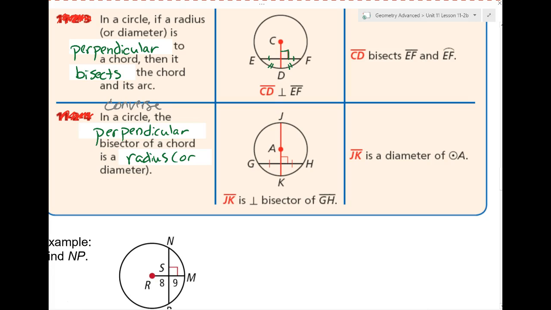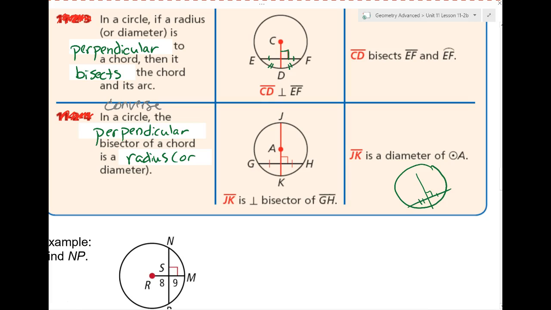But the thing is, if you took that off, how would you know the center of a tabletop, or even a wheel, let's say, for instance? Well, you could do it using this theorem, because you could draw any chord that you want. Just draw the chord. Could you find the perpendicular bisector with it? Yeah, so you draw in your perpendicular bisector. Well, what do we know about our perpendicular bisectors? They go through the center. Now, I just know the center is somewhere on that line.